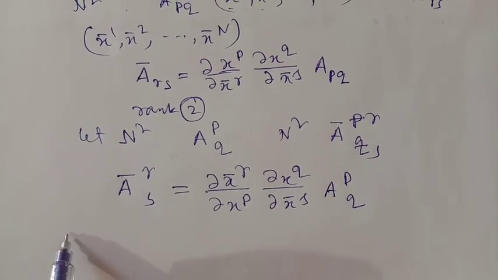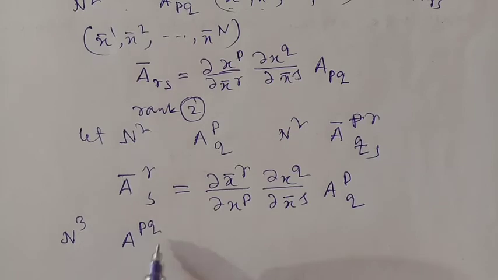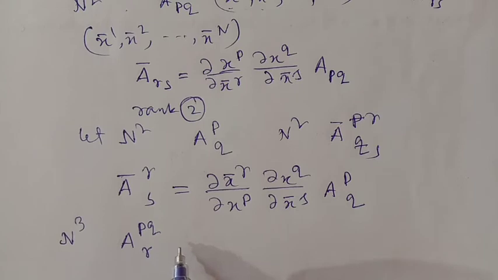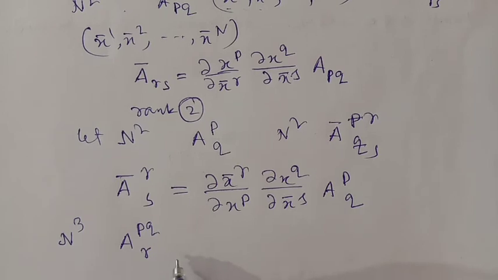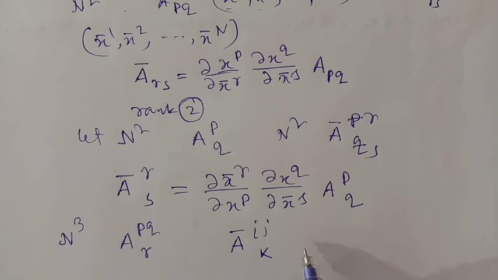Suppose there are n cubed quantities A^{pq}_r in a coordinate system x1, x2, ..., xn, and these are related to another n cube quantities Ā^{ij}_k in another coordinate system x̄1, x̄2, ..., x̄n.